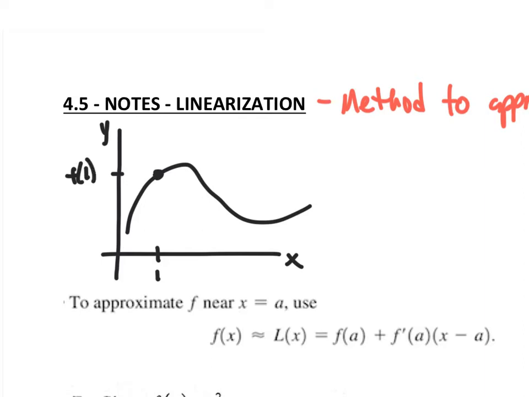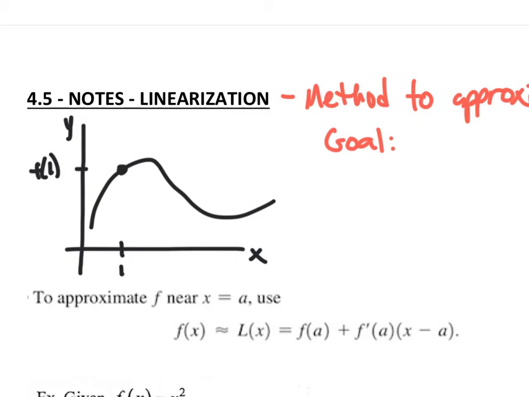Our goal here is to approximate, say, f of 1.1. Let's say that we're able to calculate f of 1 pretty easily, but what I'm curious about is what happens when I try to approximate 1.1, which is this point right here.